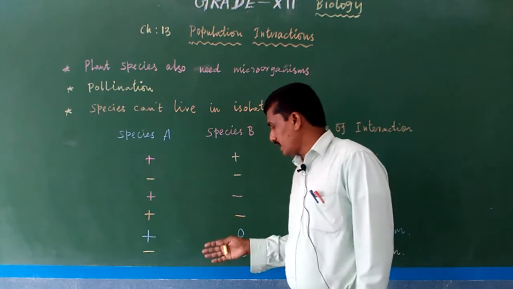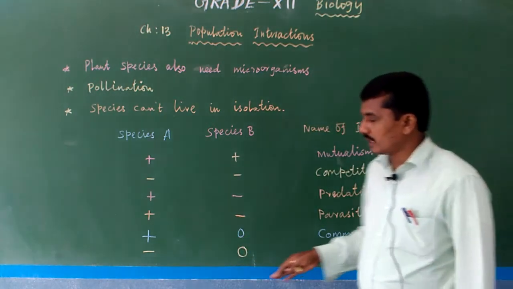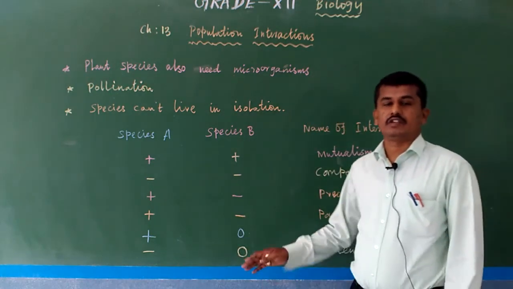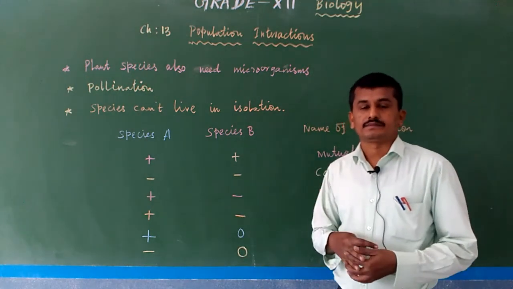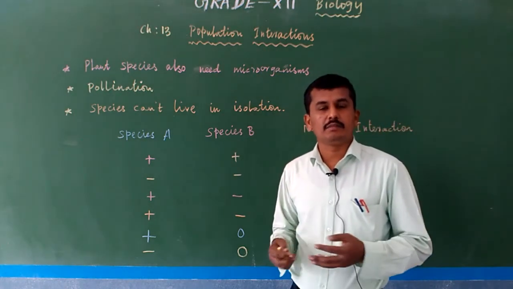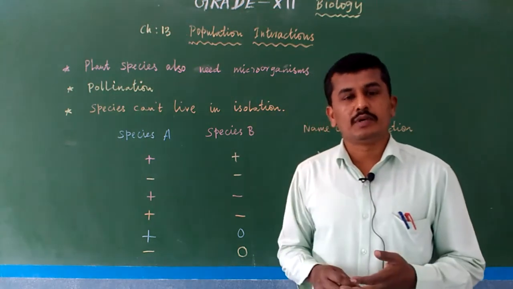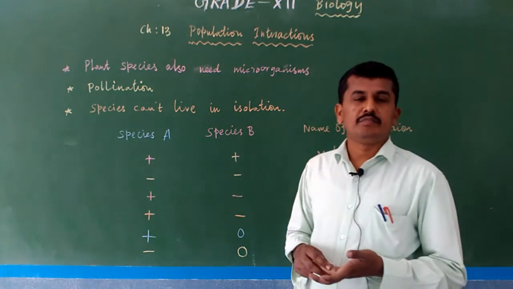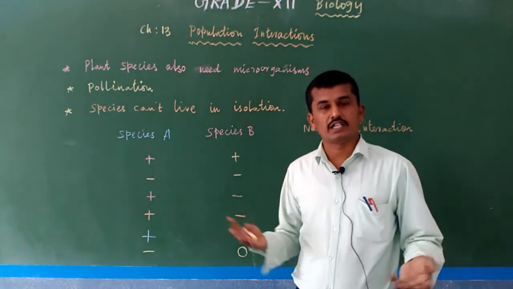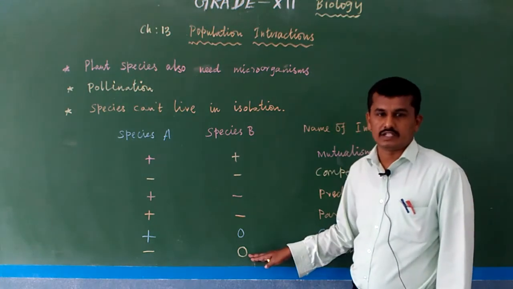Another category is amensalism. Amensalism means one organism gets minus and another organism is neutral. For example, Penicillium fungi produce penicillin. Penicillium notatum and Penicillium chrysogenum fungi produce penicillin. For the production of penicillin, the Penicillium fungus does not get any benefit, a zero, neutral relation.